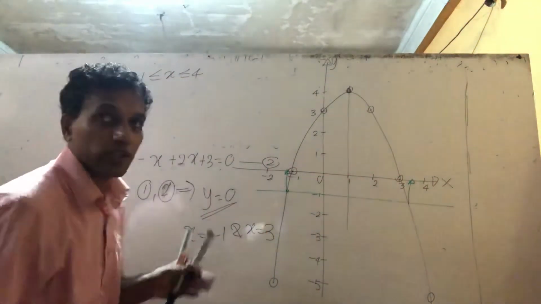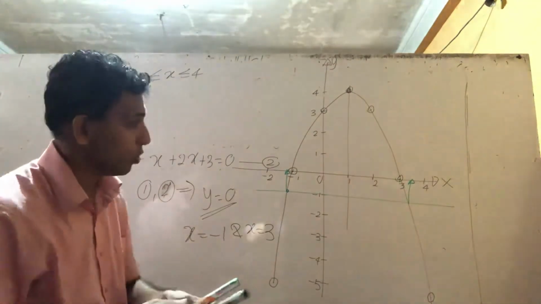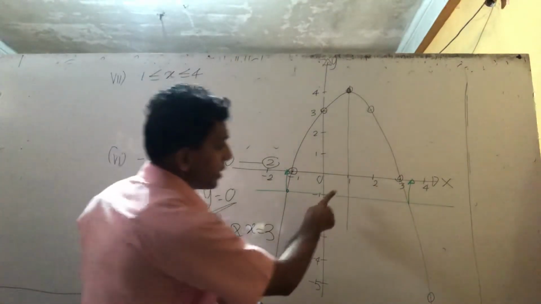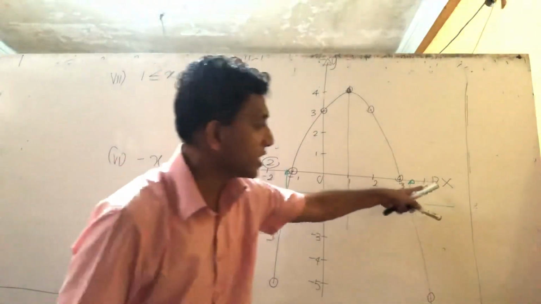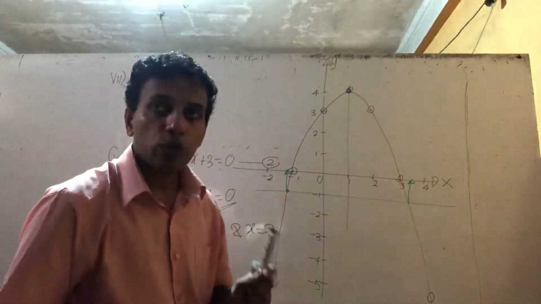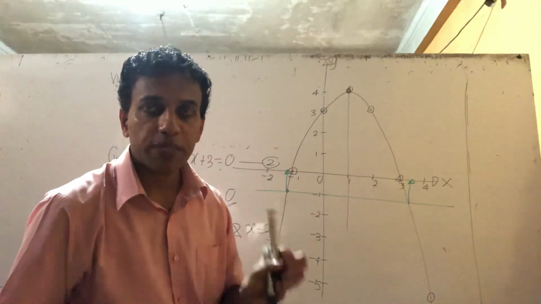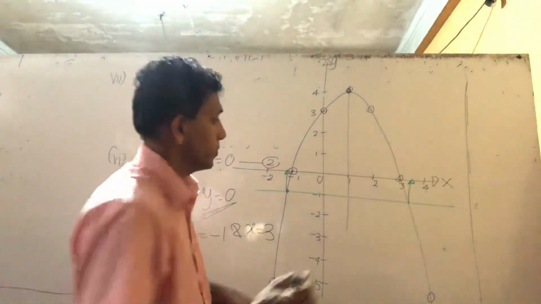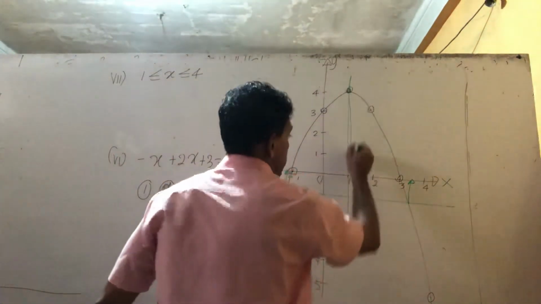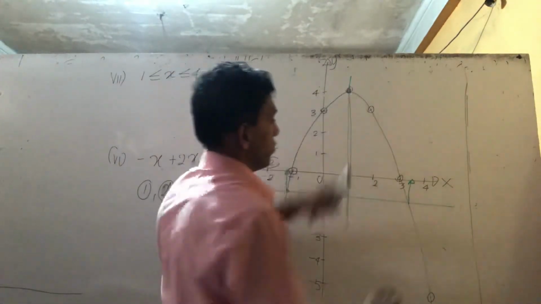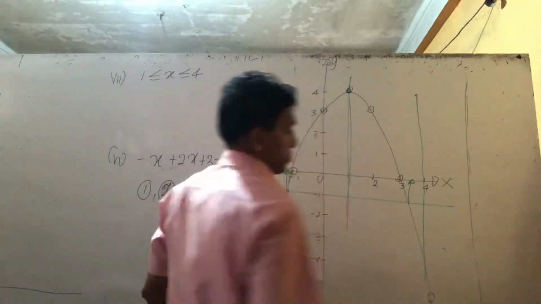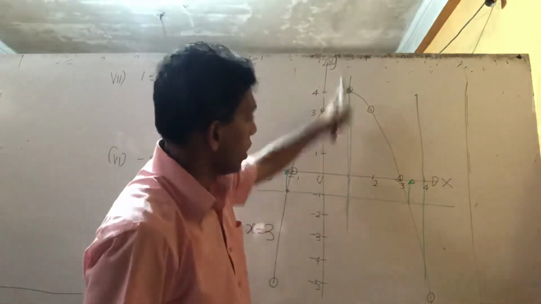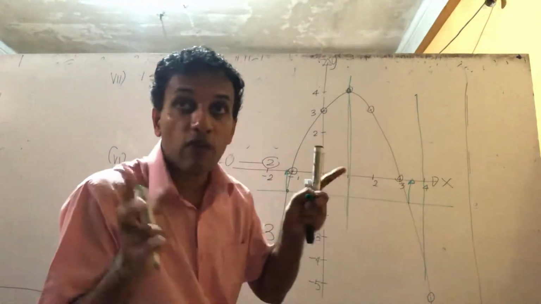Between 1 and 4, first identify where x is 1 and 4. Here x is 1, here x is 4. Then find the corresponding values of y when x is 1 and when x is 4.